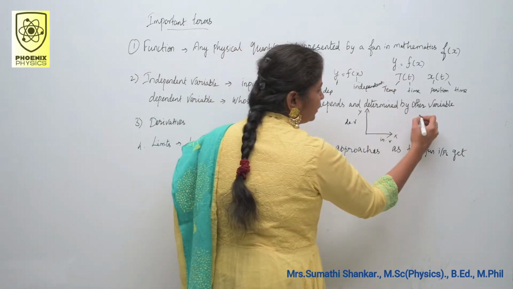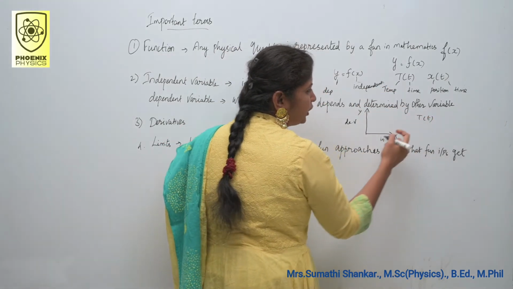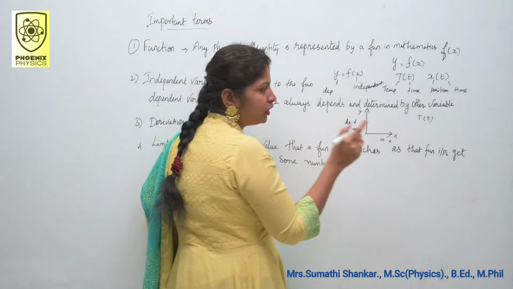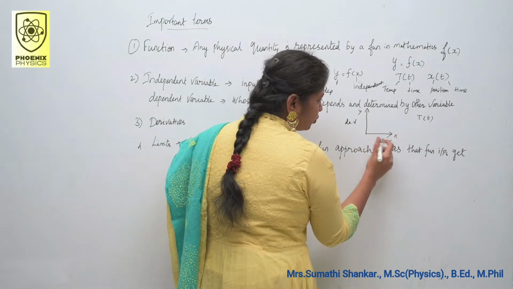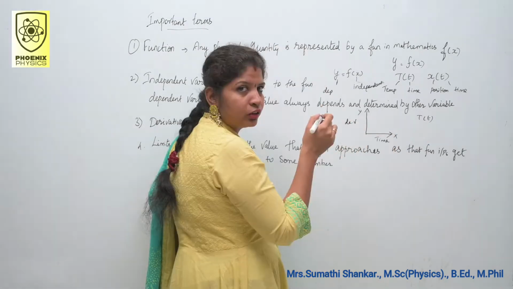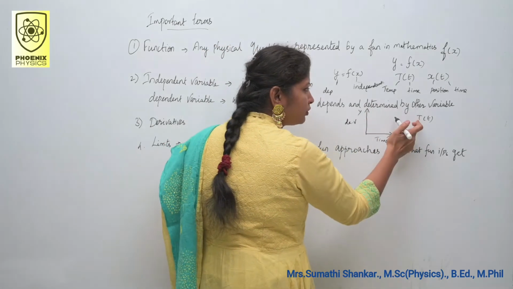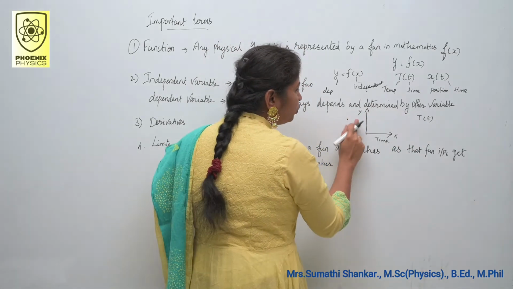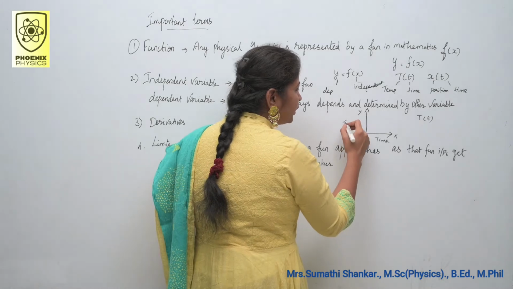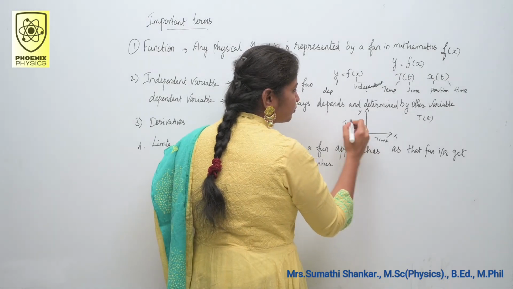For example, temperature as a function of time. Here which one is the independent variable? Time. So on the x-axis you take the time interval. Then temperature is our dependent variable. On the y-axis you take temperature.